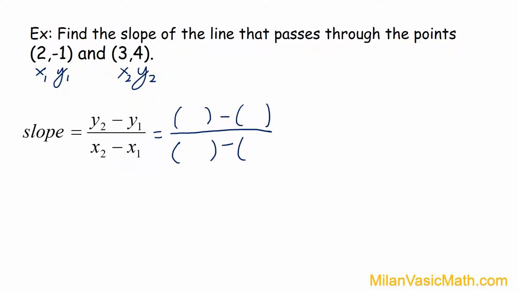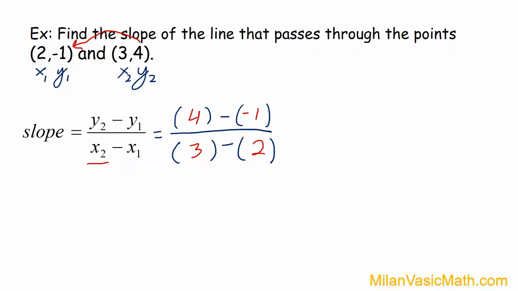I'm using parentheses, and now I'm going to carefully substitute. So y2 was 4 minus -1, so I went in this order, and then x2 here is 3 minus 2.